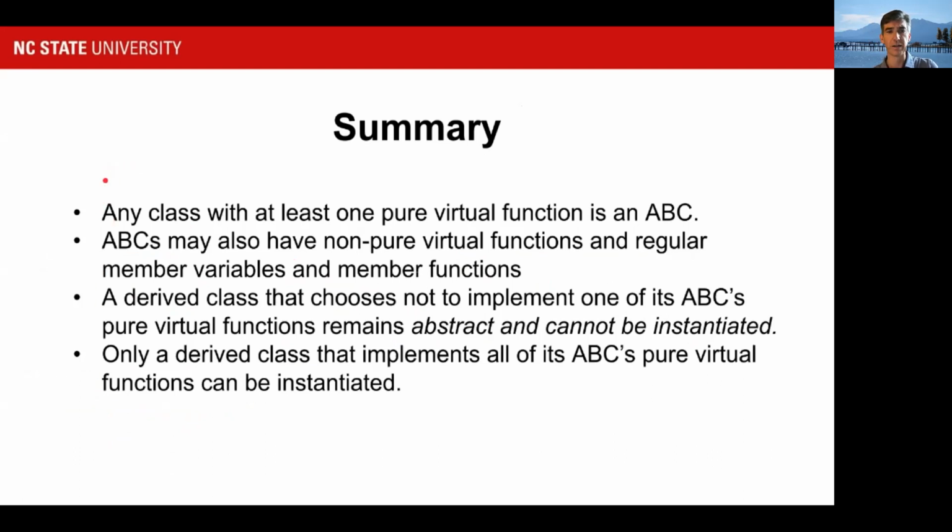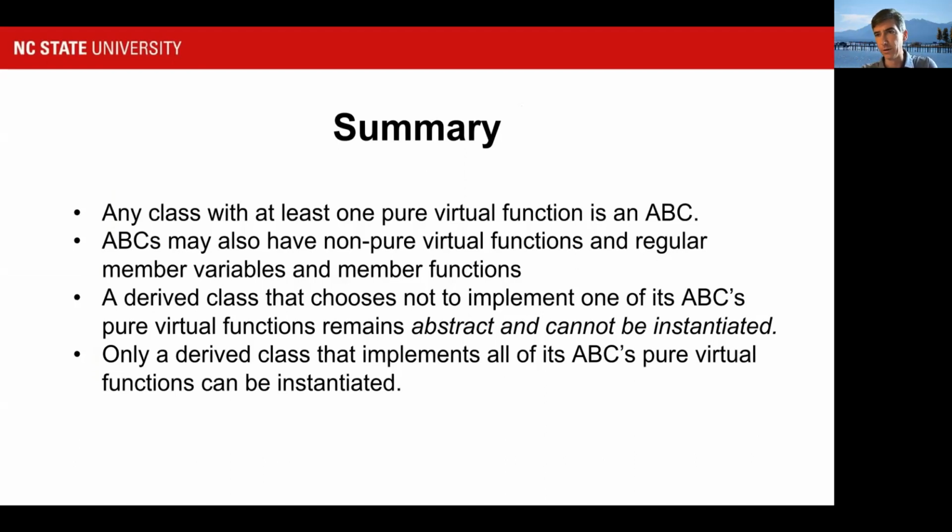Okay, so in summary, any class with at least one pure virtual function is an abstract base class. Abstract base classes may have other non-pure virtual functions and regular member variables and member functions. The only rule is they have to have at least one pure virtual function. Again, a pure virtual function is a virtual function that at the end of the declaration includes that equals 0.